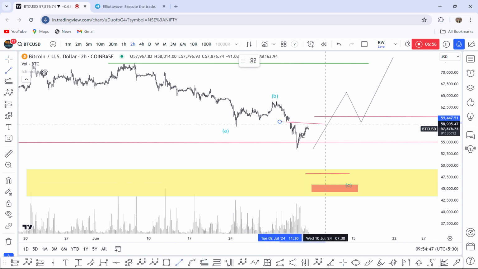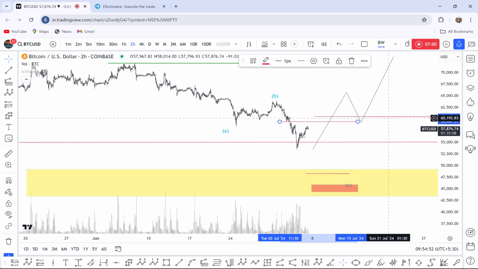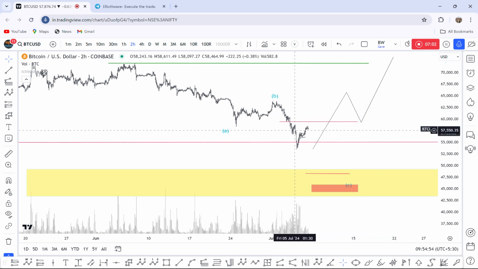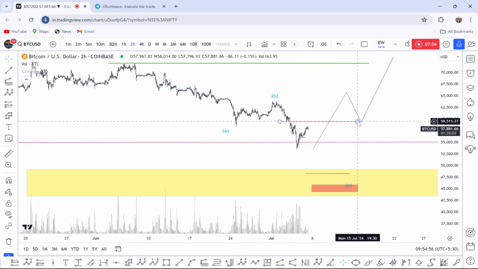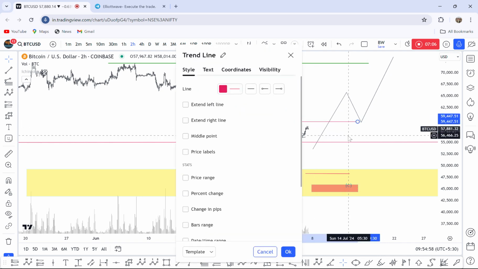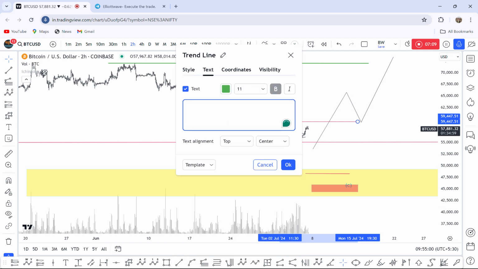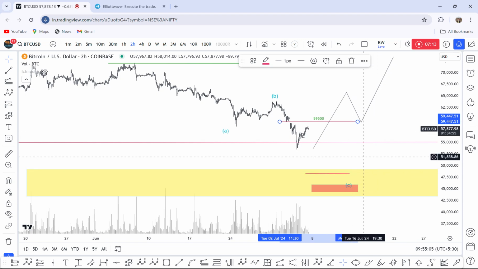Every bounce is for selling. Price will stay below 59,500. If price stays below 59,500, it will go towards 48,000.